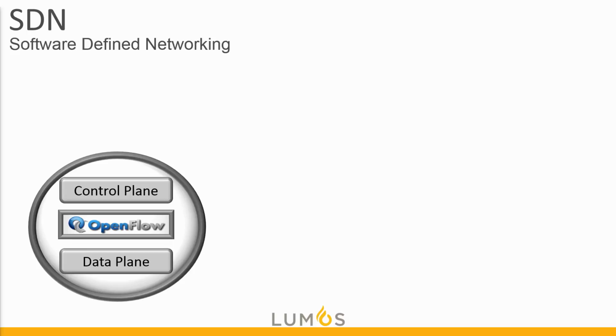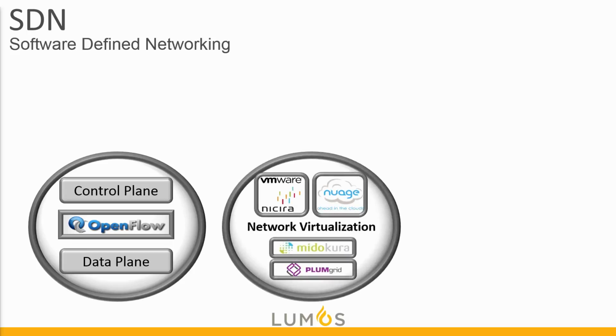So first of all, we have the notion that the control plane and data plane are now being controlled by some sort of centralized controller, and OpenFlow was really the first to market with this. We have the idea or concept of network virtualization, or NFV, network function virtualization. Things such as VMware acquiring Nicira, Nuage, PLUMgrid, Midokura.